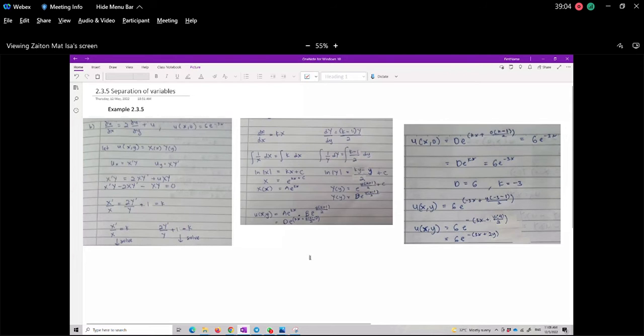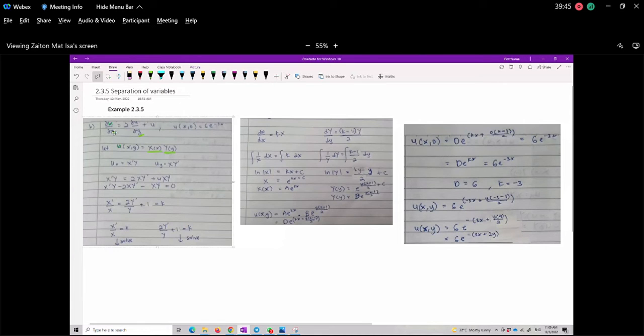In using separation of variables, this is the step: first of all you need to let your solution, in this case our dependent variable is u, equal to the multiplication of functions of the independent variables. In our case, the independent variables are x and y. So the function of x, we use capital X of small x, times the function of y.